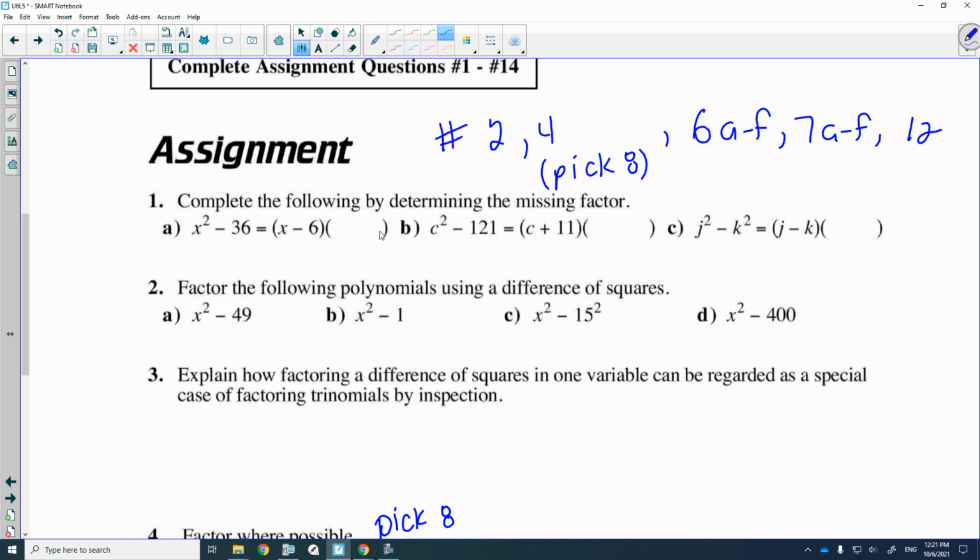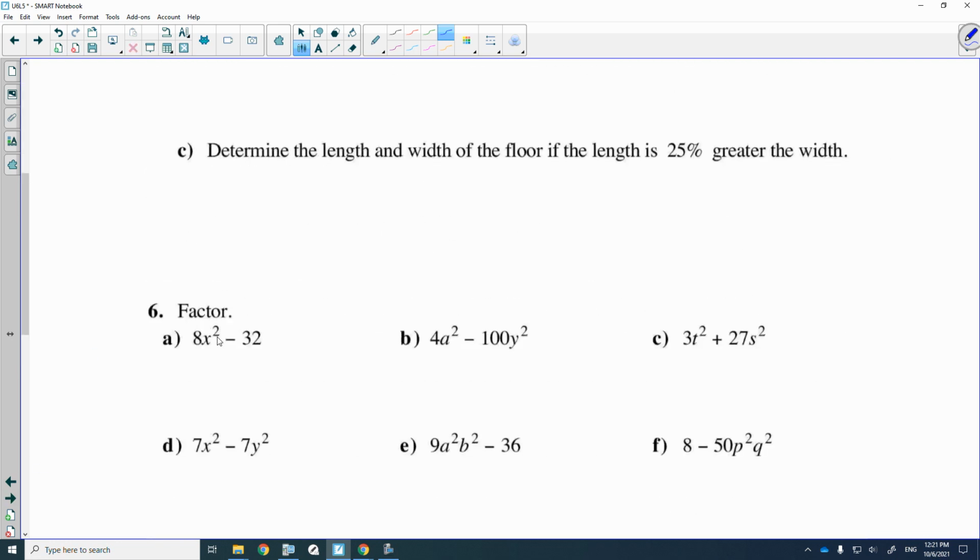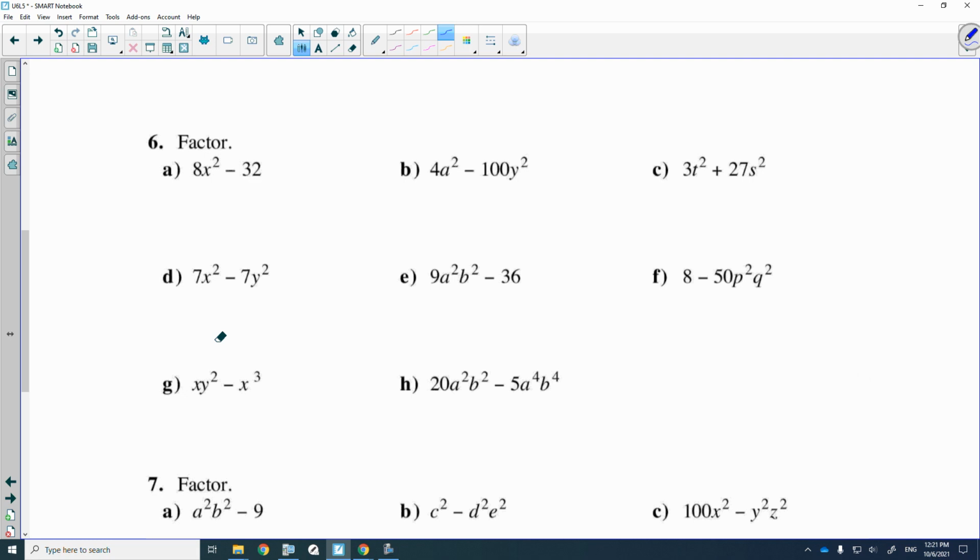Okay, let's look at number 6. And for number 6, I actually want you to do them all, but we're going to star something. Okay, so I want you to do all of these. Students will look at C and they will say not factorable. It's not factorable by difference of squares, but what can you do here? If I gave you this, you could GCF it.